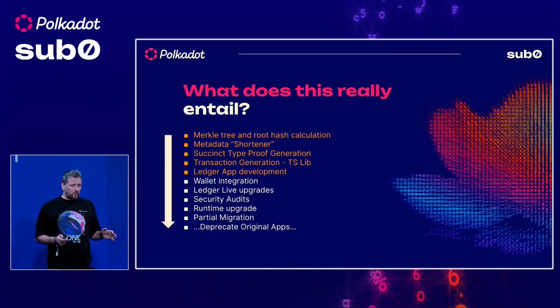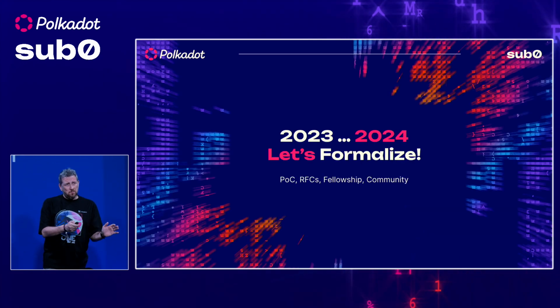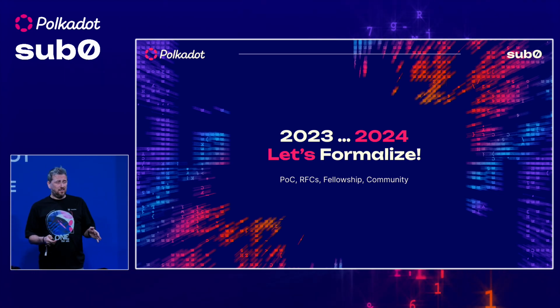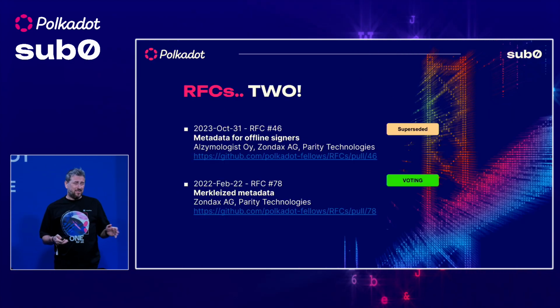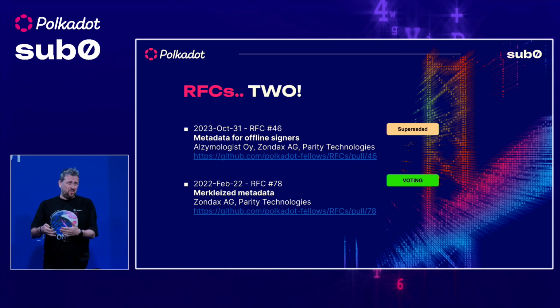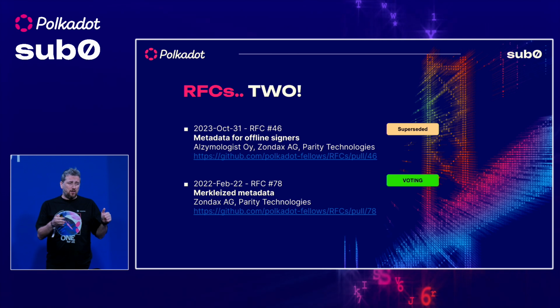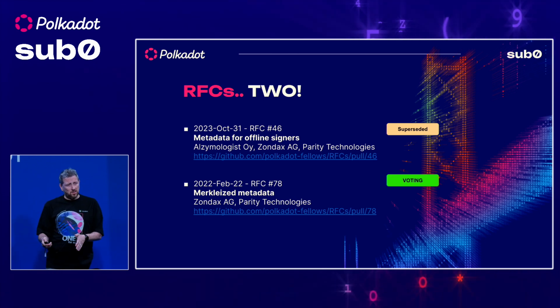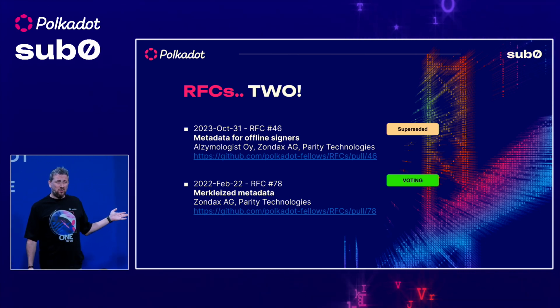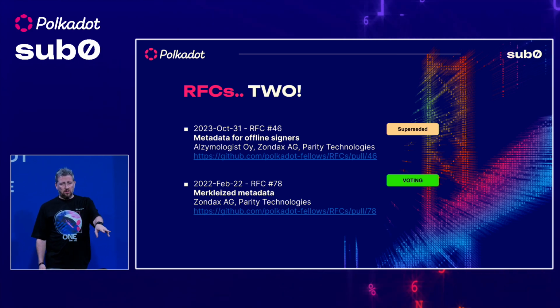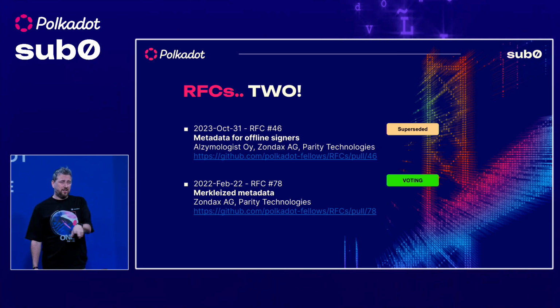The main step that started, and we are still in it, is the formalization of this. Since the ecosystem has been changing and the Fellowship started to take over, RFCs became even more important. Back in October 2023, we presented the first RFC, done together with Alchemists, Zondax, and Parity.